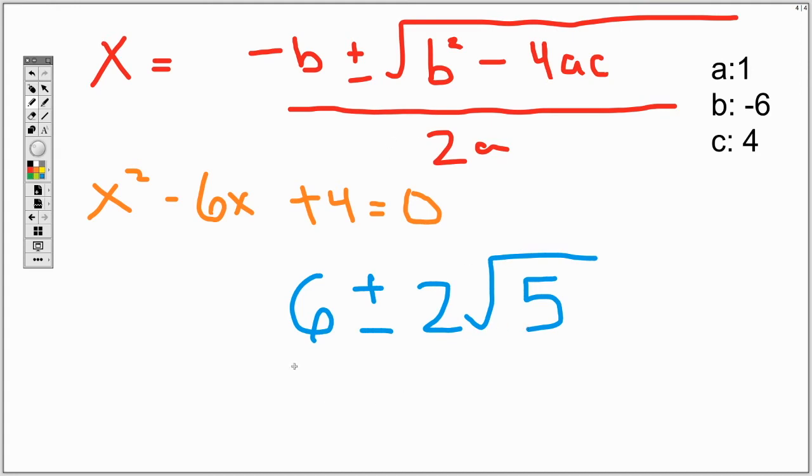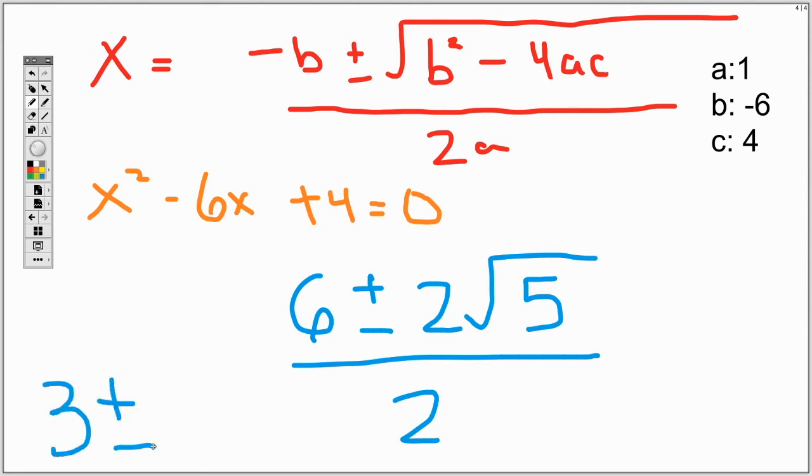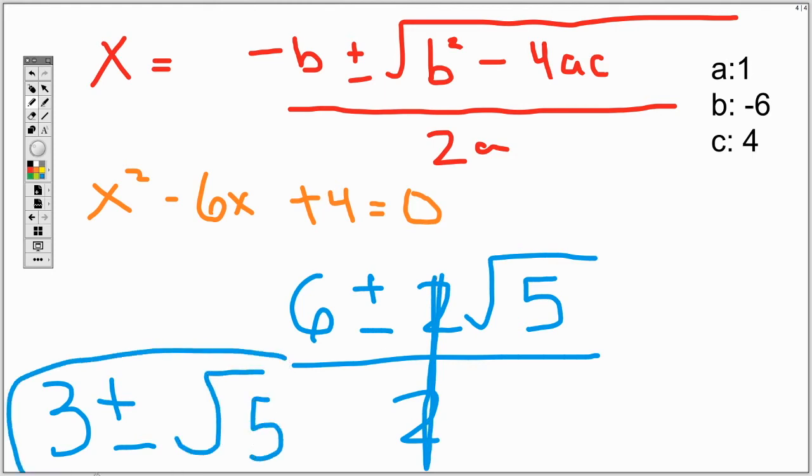And then we do the last dividing part. So 2 times A, which is times 1, so it's just 2. So 6 divided by 2 is 3. Then we write our plus minus, and then 2 square root of 5 divided by 2. So this is the important part where it comes to simplifying radicals. Since this was just 2, these two just get cut, and then we can write square root 5. And that's our answer.